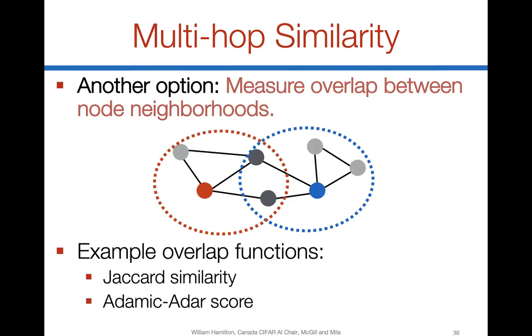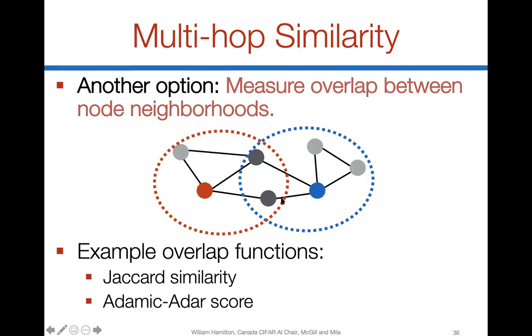Another option, which is actually quite elegant, is we can just try to come up with some measure of overlap between node neighborhoods, right? So here we can say, okay, for the blue node and for the red node, they share two neighbors. So they're kind of close together. And you could say, okay, they share two neighbors, and let's normalize that by how many nodes are in their union, right?